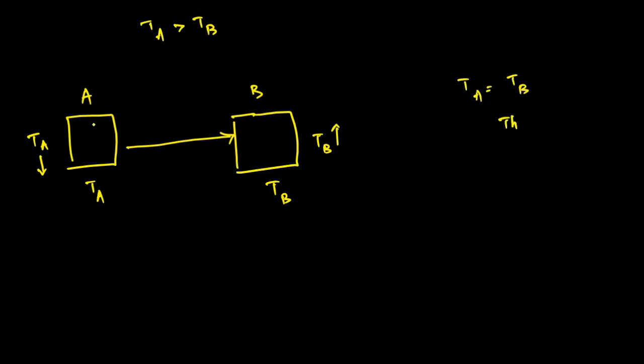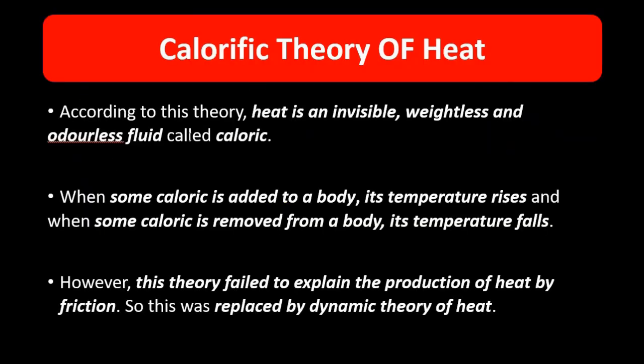This is called the situation of thermal equilibrium, when both bodies are at the same temperature. So when a body loses heat, its temperature drops. When a body gains heat, its temperature increases. This process goes on till both bodies are at the same temperature, and this situation is called thermal equilibrium.